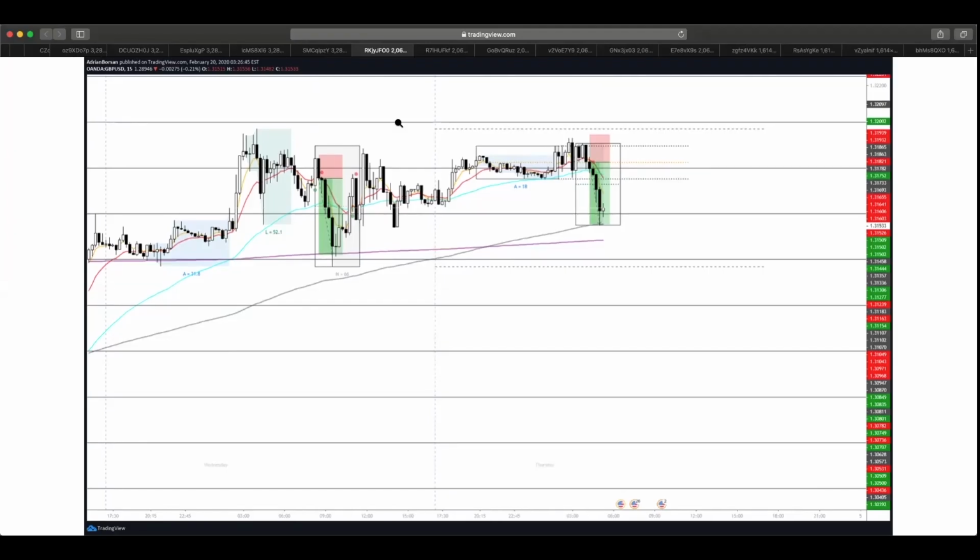Pretty simple to understand the concept, yeah? All right, so you understand pins to the 50, pins to 200, using the EMAs as take profits.